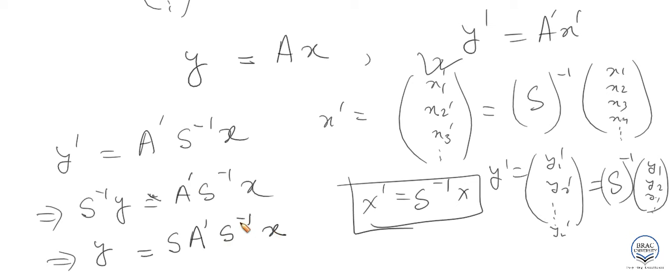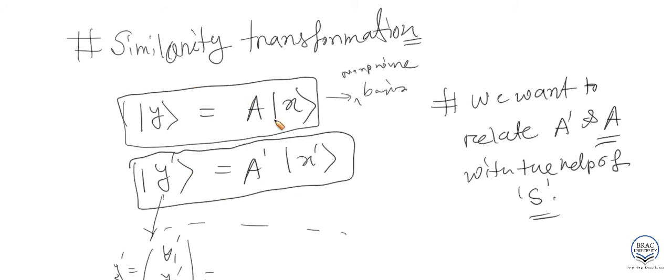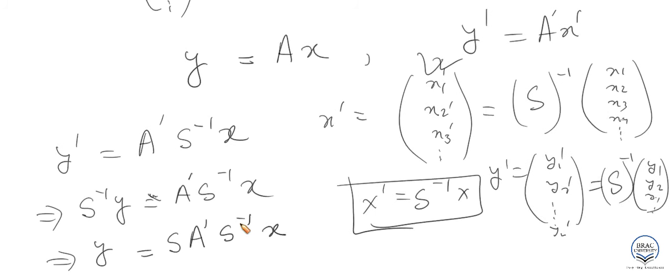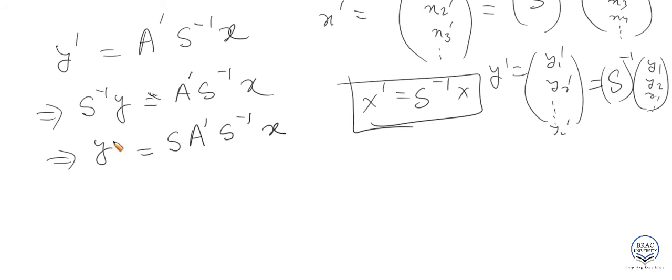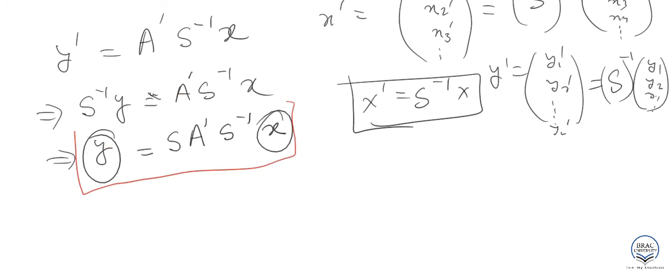So note that we are calling these operator equations basis independent, so they mean the same thing. So if you now compare, this is coming in terms of y on x. So if you compare this equation, let's call this equation 2.